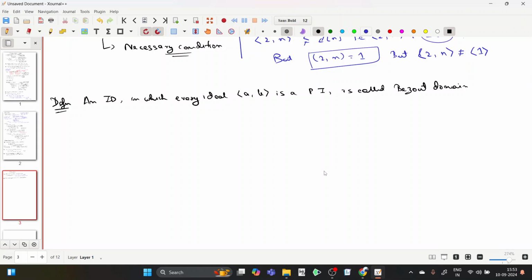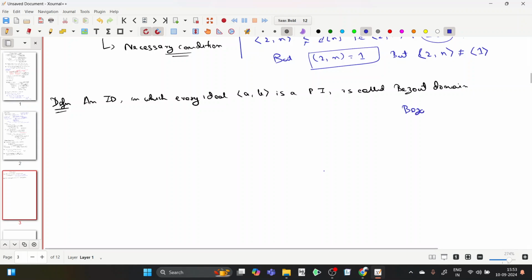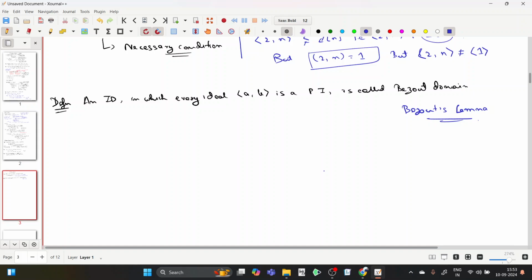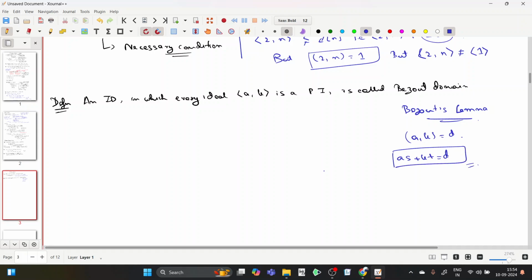That was the Bezout lemma, right? If the GCD of two integers is D, then I can write D as a linear combination of these numbers. And exactly the same thing is what we can generalize into a Bezout domain.